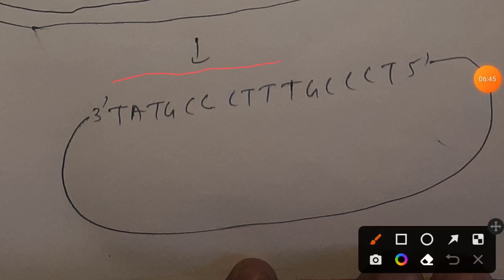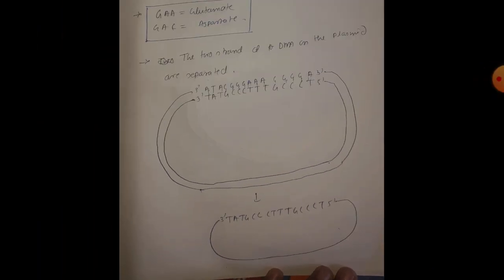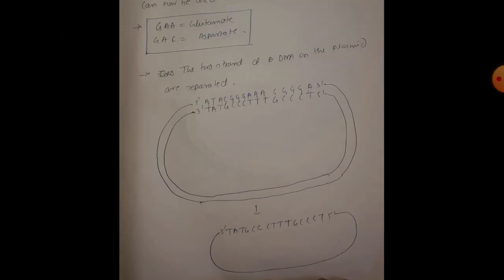Now this mismatched primer will be used to synthesize a new protein that will have aspartate in place of glutamate. How? Let's see.